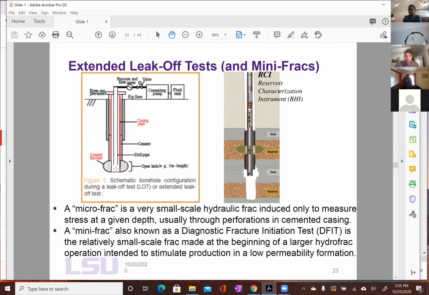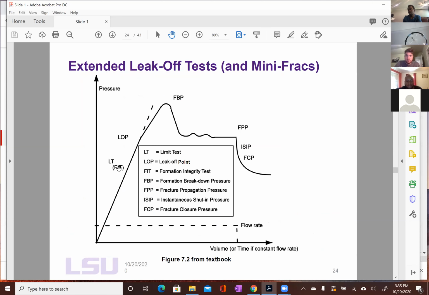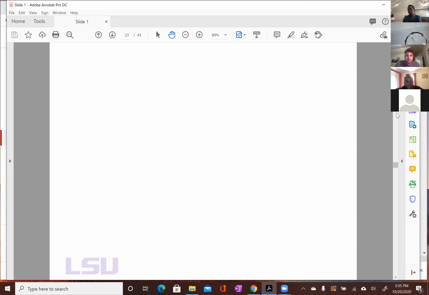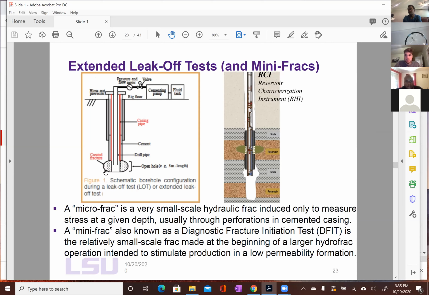And that's why the first part of the plot, which you will see on the next slide, is called a limit test or what? The straight line portion of the test. Here. Limit test or what? The integrity test? Formation integrity test.